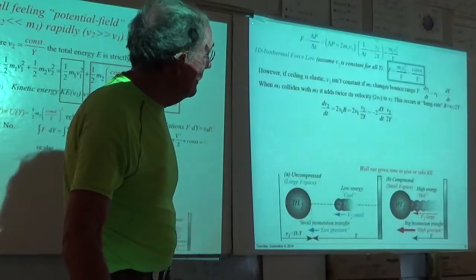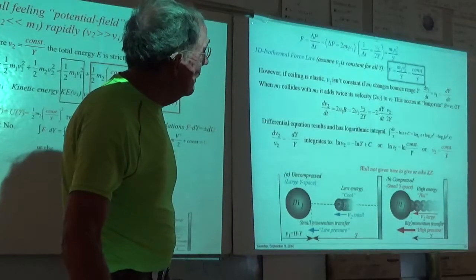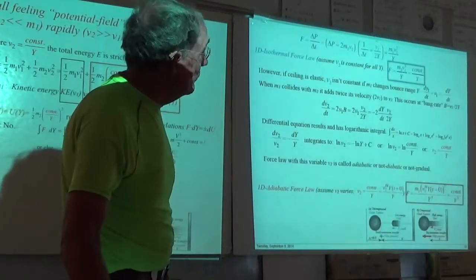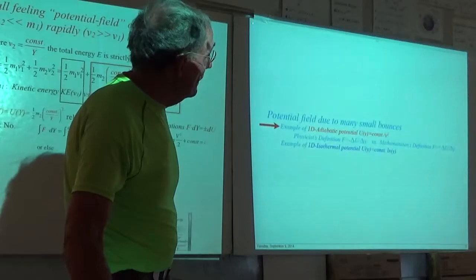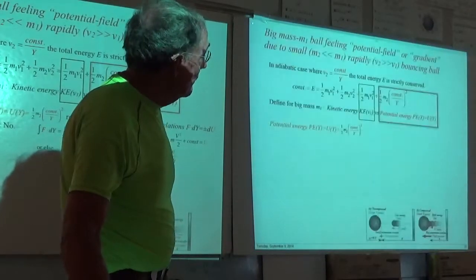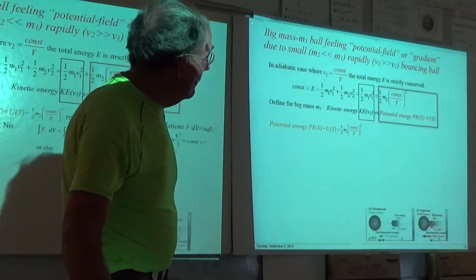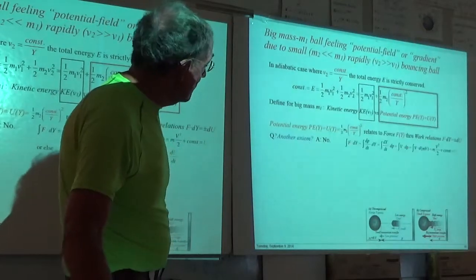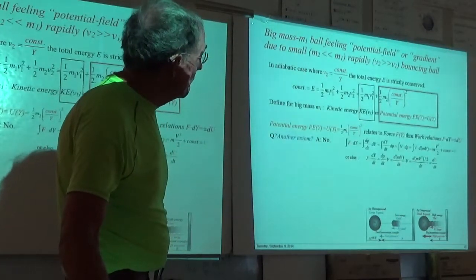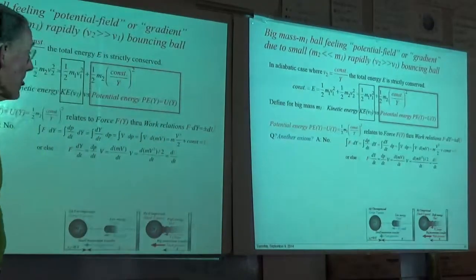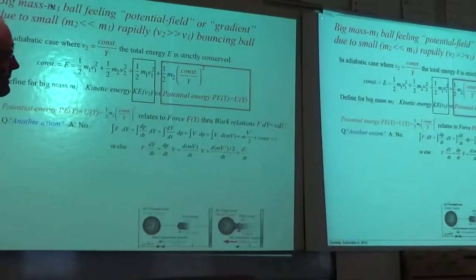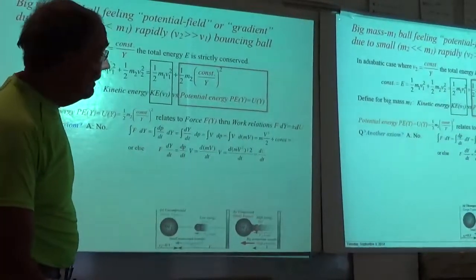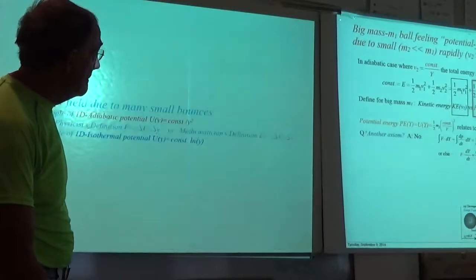But then we go ahead and allow that energy to change, as it will when you make it hotter, and you get these new rules here. Okay. Just to review a little bit of what we've been through here.